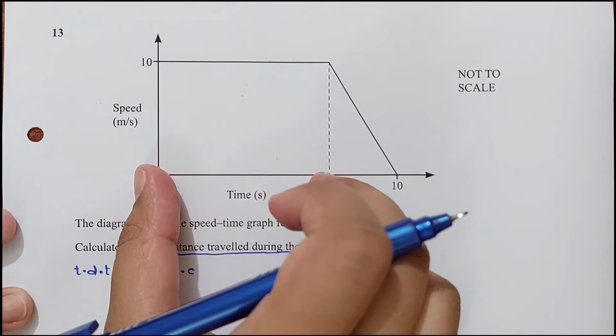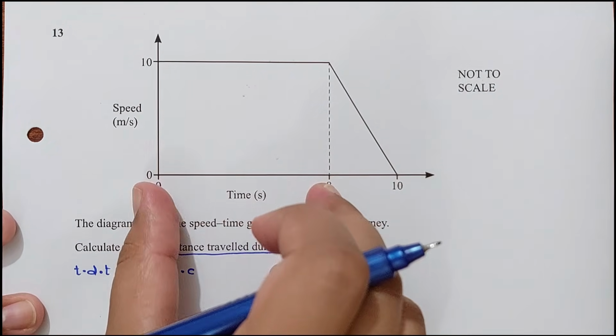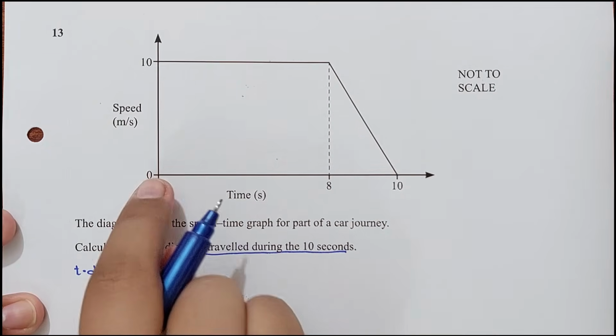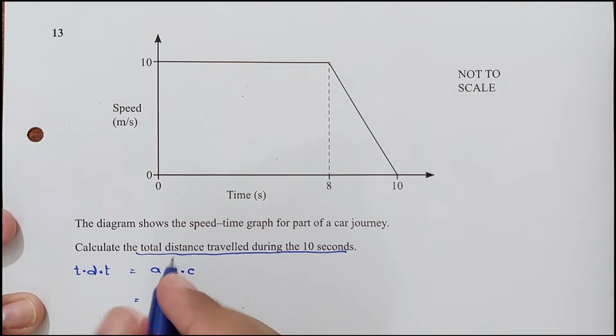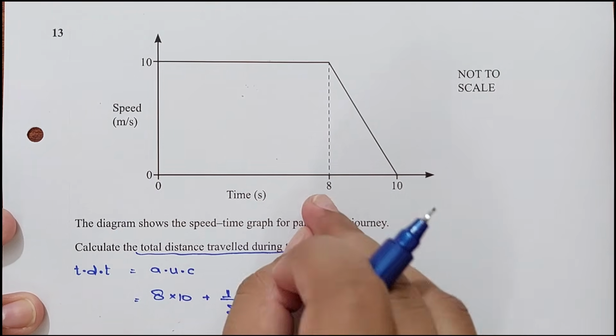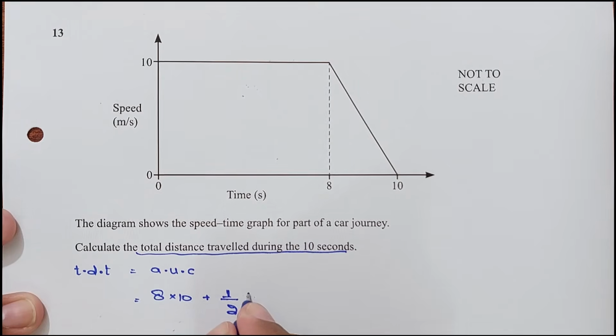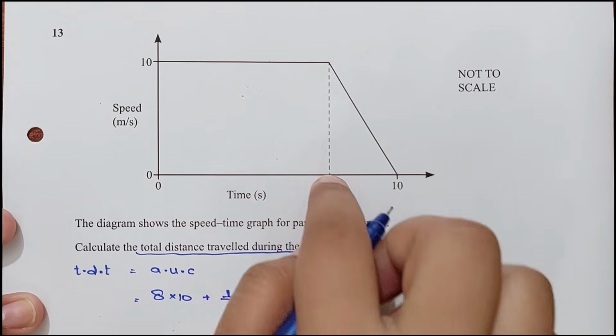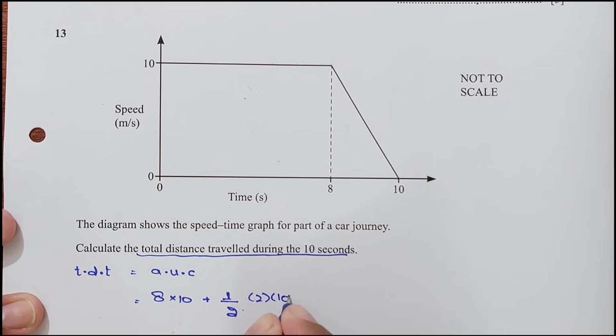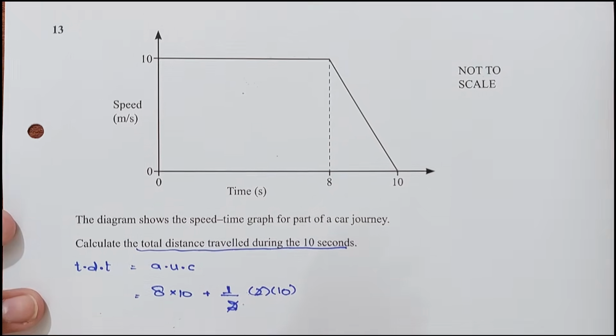So the area of this rectangle and the area of a triangle. The area of the rectangle is length times width. The length is 8 and the width is 10. 8 times 10, plus the area of a triangle, which is half base times height. The base is between 8 and 10, so the base is 2 and the height is 10. So 2 is cancelled with 2, right?